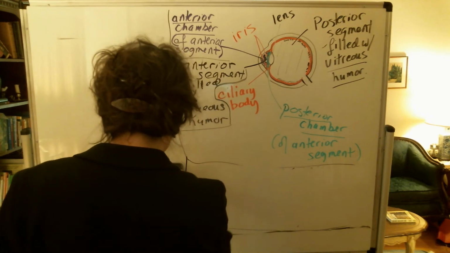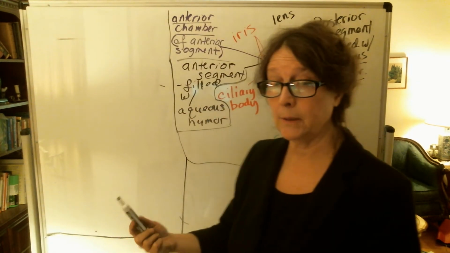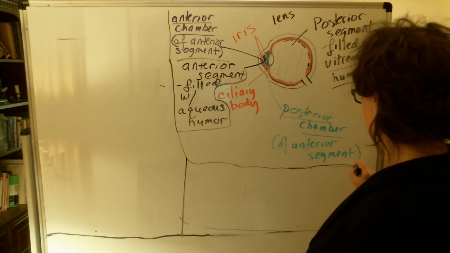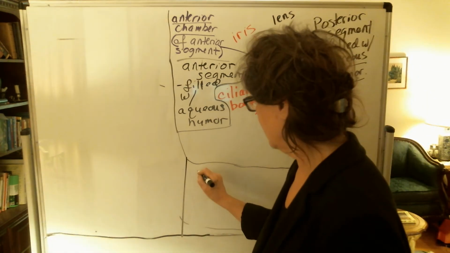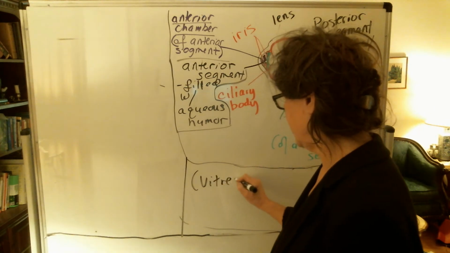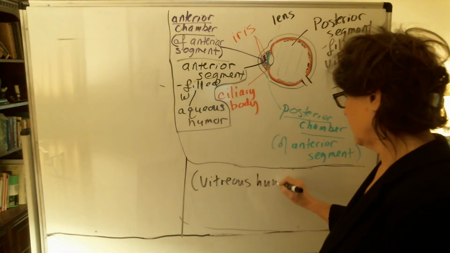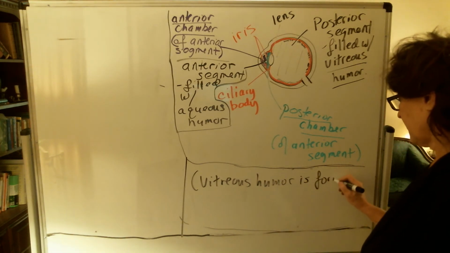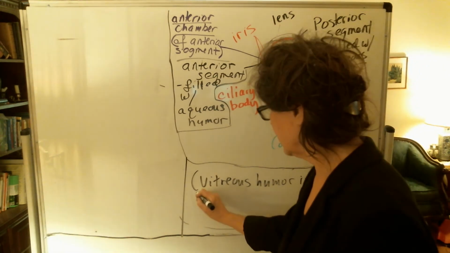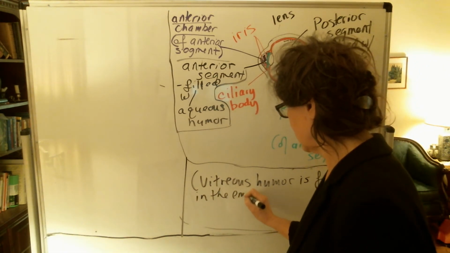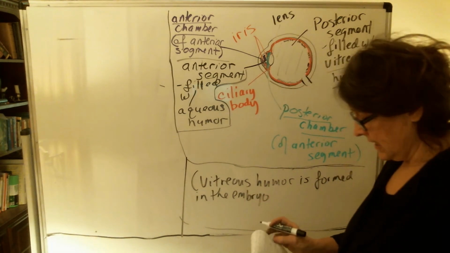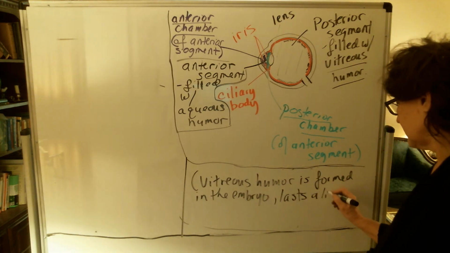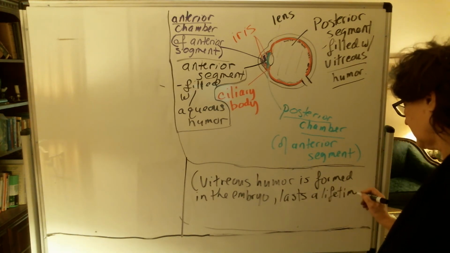By contrast, while your aqueous humor is continually being made new and drained out and replaced with newer stuff, by contrast, then, the vitreous humor is formed in the embryo, and it lasts a lifetime.